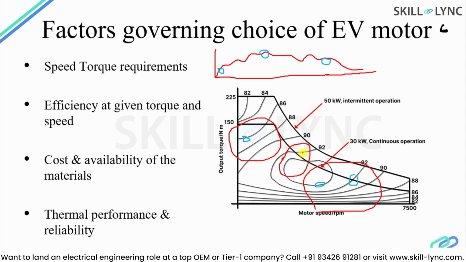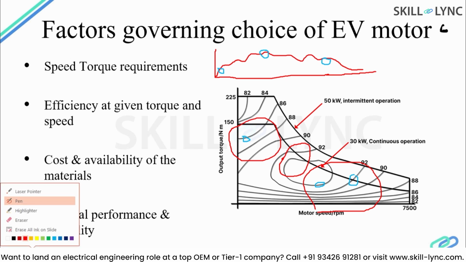If your points are located in this third case, which I have highlighted here, your efficiency is going to be best because it is 90 to 92% efficiency. So you need to understand how your motor is going to be utilized.